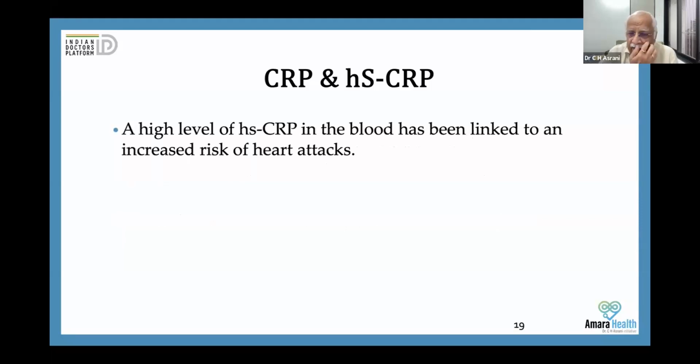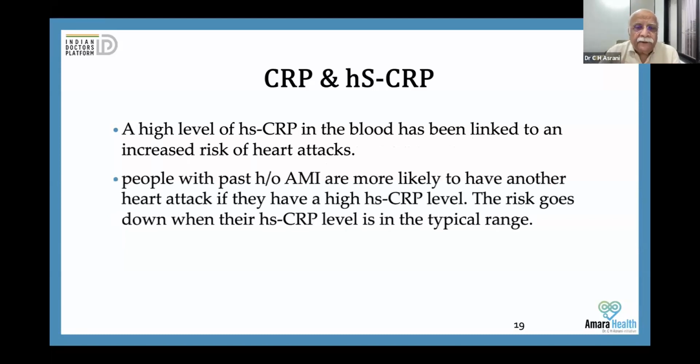Why the test got used commonly is because they saw that people who get heart attacks, especially younger attacks, have a high level of HSCRP. People with a past history of acute myocardial infarction are more likely to have another heart attack if they have a high HSCRP level.